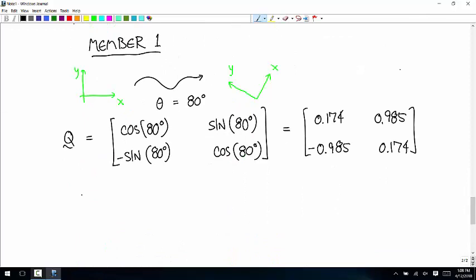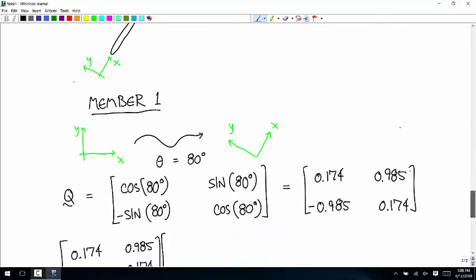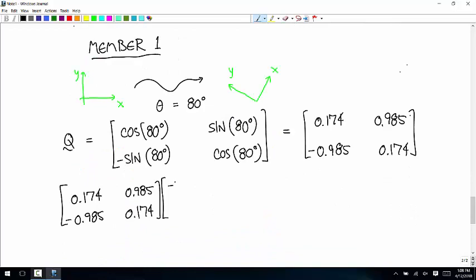Okay, so this rotation matrix, 0.174, 0.985, negative 0.985, positive 0.174, times the vector negative 594.8, negative 1663.8.